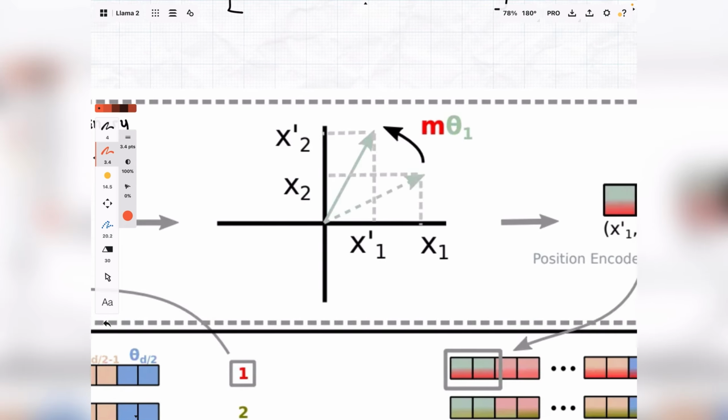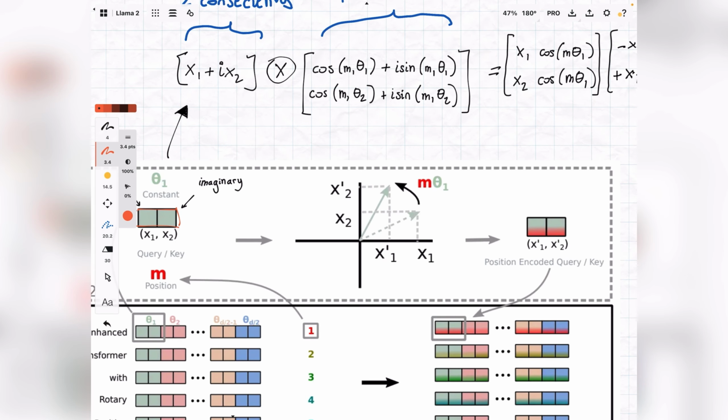So if we plot this vector, which is this one, this is x1, x2. As mentioned, the whole point of RoPE is to rotate a vector in a 2D space, and that rotation encodes the positional information. As we are rotating it by theta 1, we're going to get this new vector.